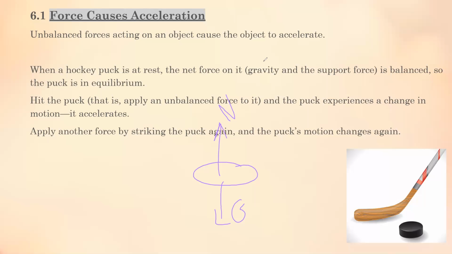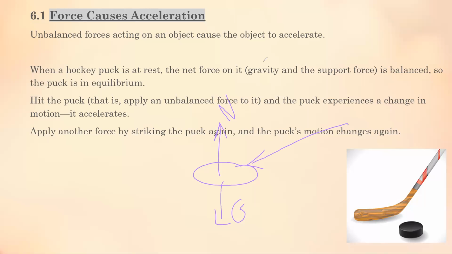But if someone comes and pushes me, there's an applied force acting on me now. This force is now unbalanced, and this unbalanced force makes me move, or makes me accelerate. So if the net force equals zero, if the force is balanced, the puck or the object will be in equilibrium, so it will be at rest.